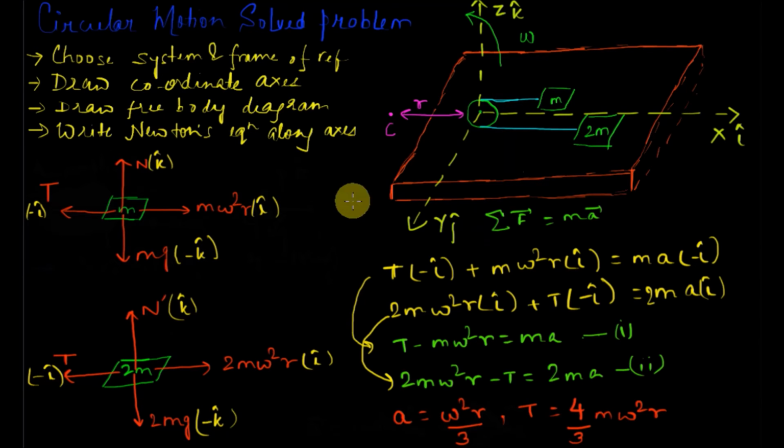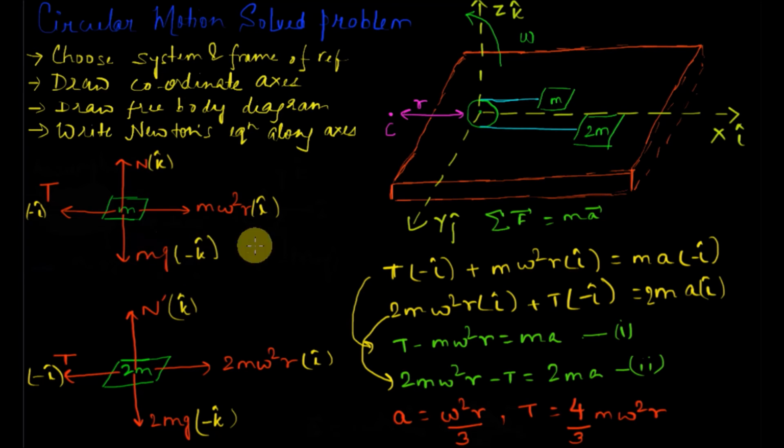So now let's apply the fourth step, which is Newton's equation along the axis. The equation states that summation of F equals mass times acceleration. I will write the equation along the x-axis. I will ignore the equation along the k-axis or z-axis, because along the z-axis both these objects are not moving, so anyway these forces will cancel out.